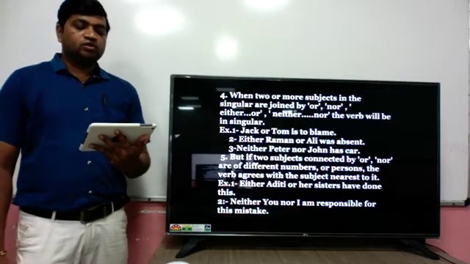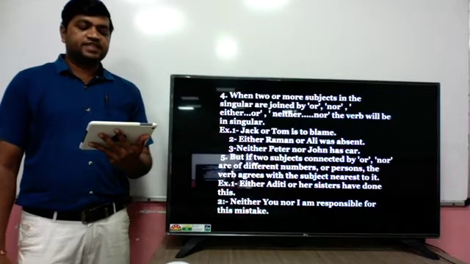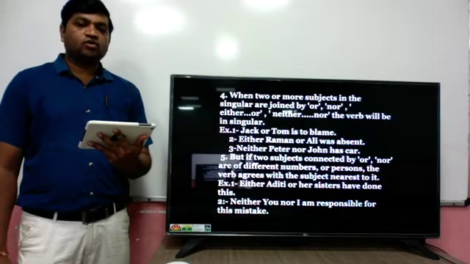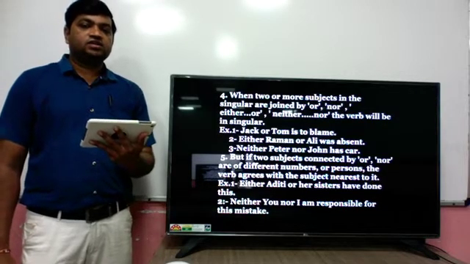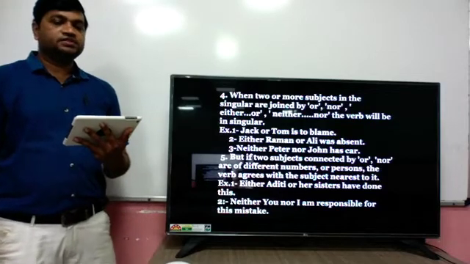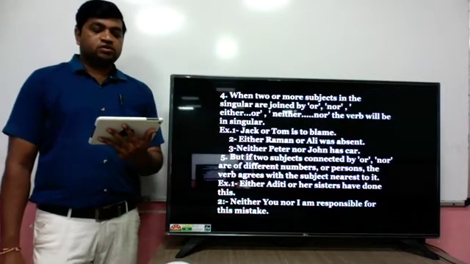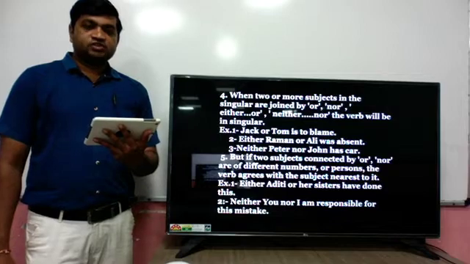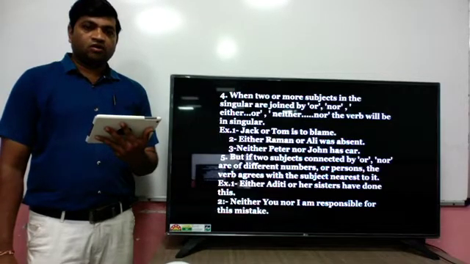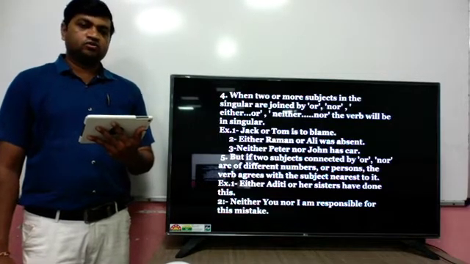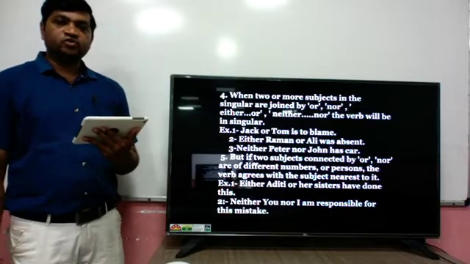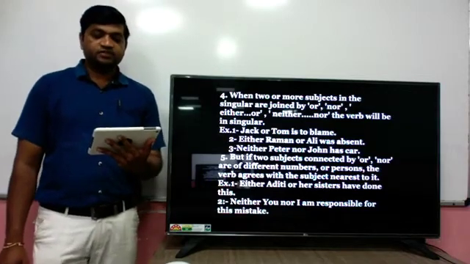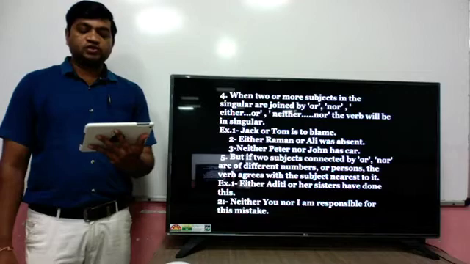Now, fourth rule: when two or more subjects in the singular are joined by "or", "nor", "either or", "neither nor", the verb will be in the singular. For example, Jack or Tom is to blame.